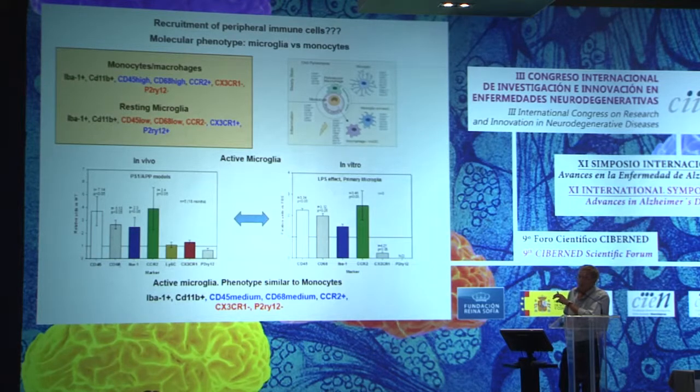However, there are some specific markers for each population. These specific markers are CD45, CD68, CCR2, or the fractalkine receptor 1, or the purinergic receptor P2Y12. The first three are specific for the monocytes, and the last two are specific for microglial cells.